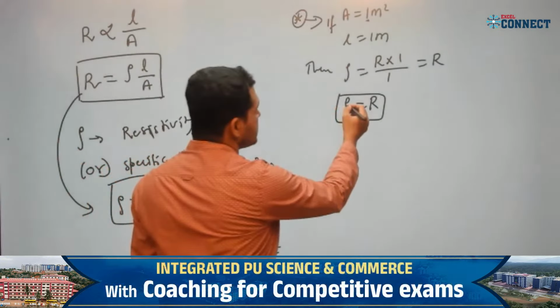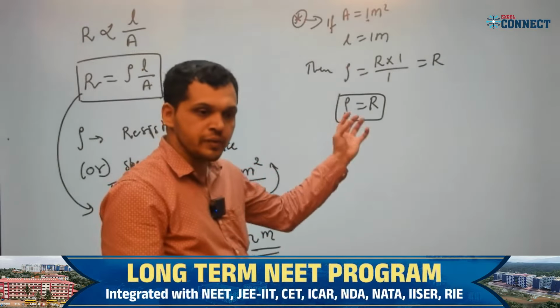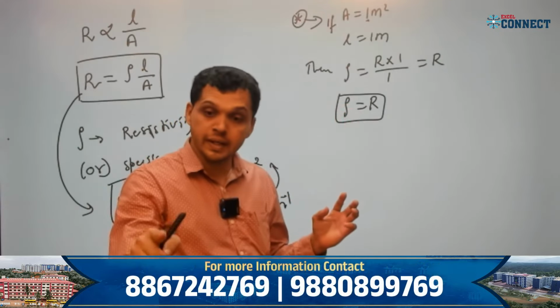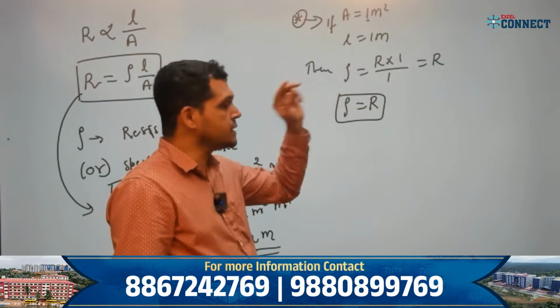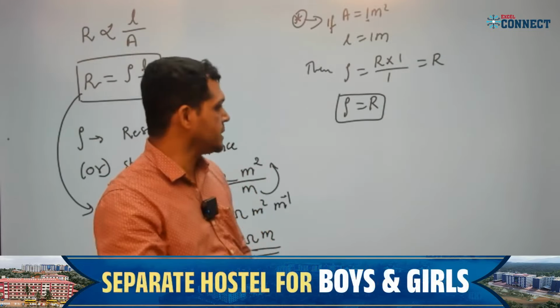Now we can define resistivity. Resistivity or specific resistance is numerically equal to the electrical resistance of a conductor of unit length and unit area.